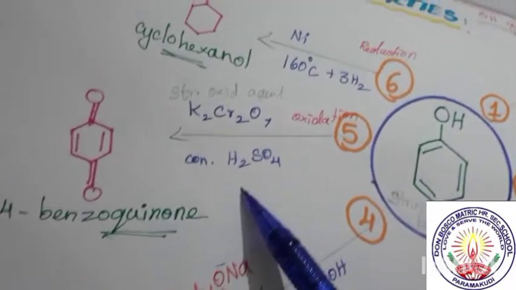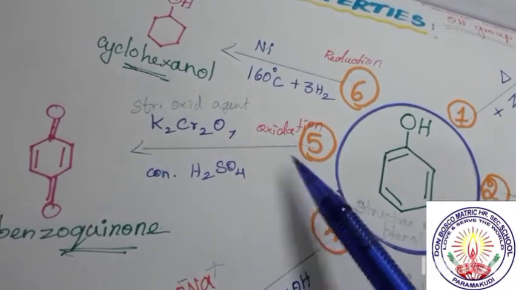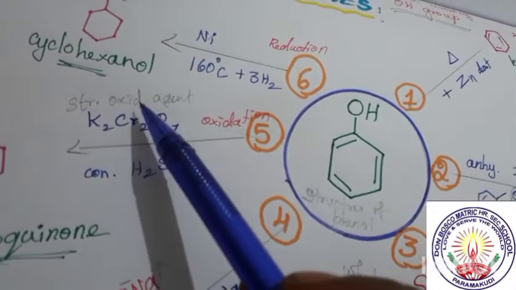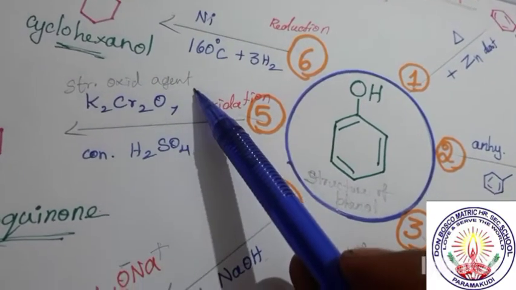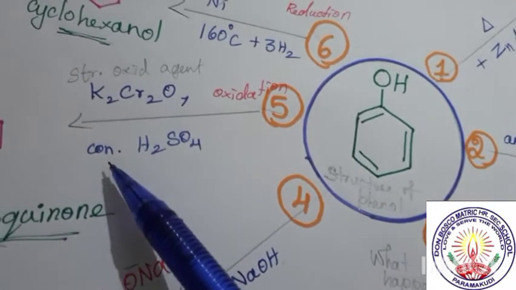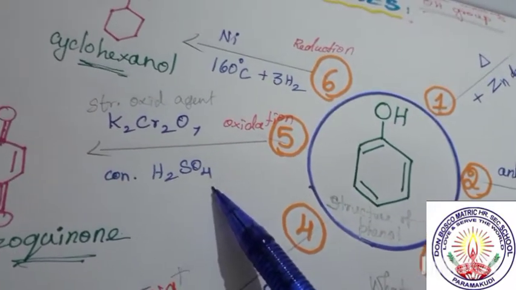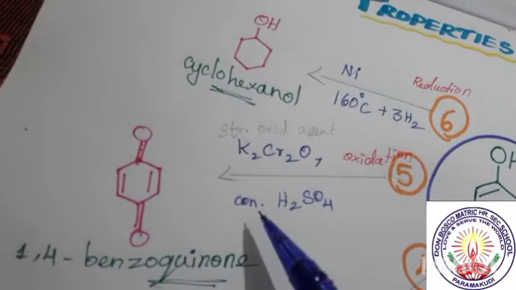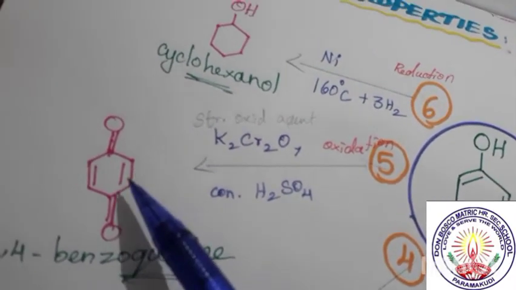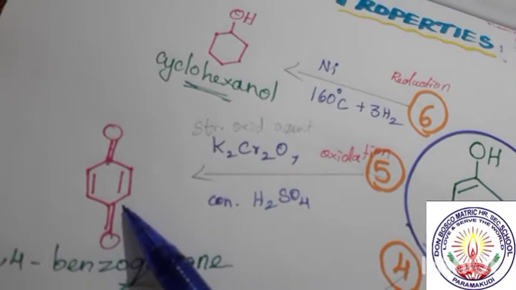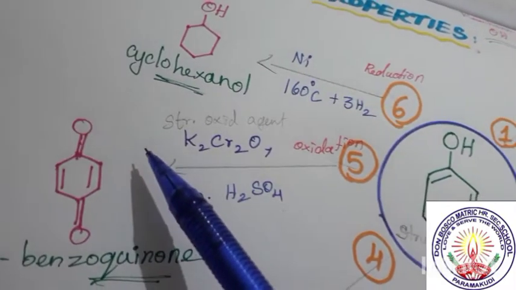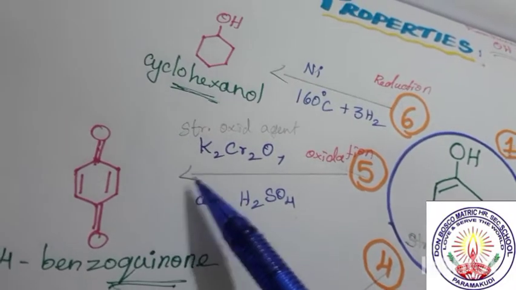The fifth reaction is an oxidation reaction, that is, when this phenol is treated with a strong oxidizing agent, K2Cr2O7 with concentrated H2SO4, we get benzoquinone. We learned in the classification of phenol about ortho, meta, para.